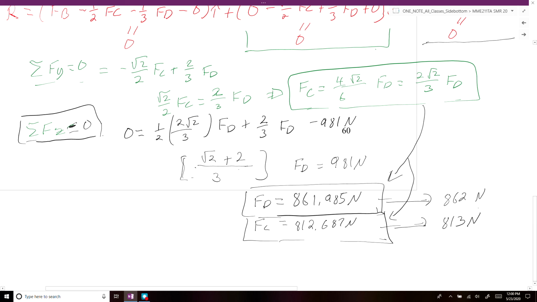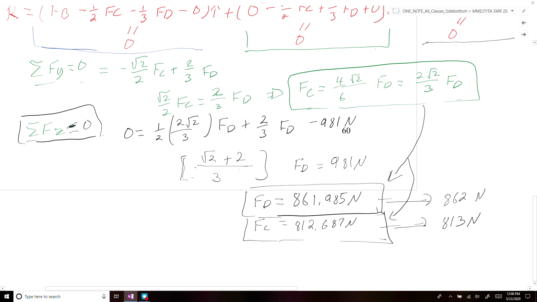And then the last equilibrium equation we have is the x component. So if we look at the x component of our force vector, we can use that to solve for FB.